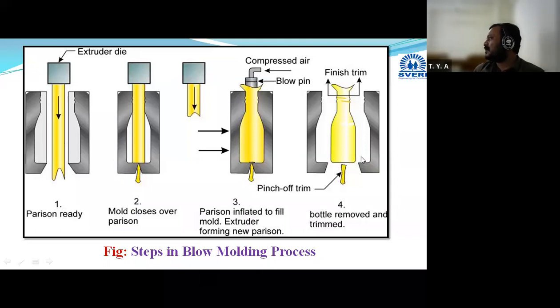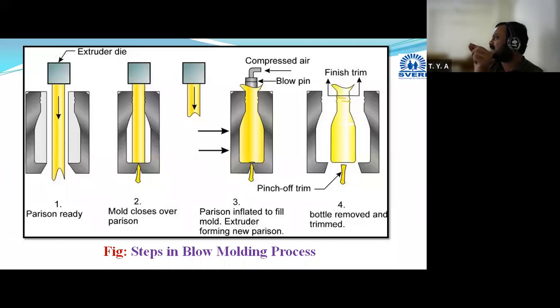Okay, product removal and ejection of the component will be done. And here you have to take care that when you are blowing the air, simultaneously cooling will happen, as in that mold itself we have provided some cooling channels. Okay, if you are having any difficulty, you can ask me.